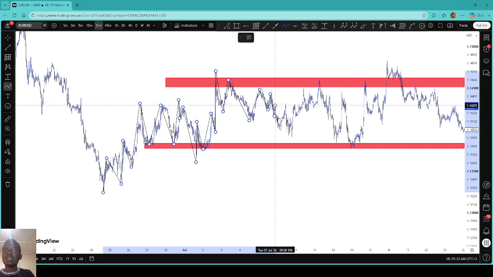You can see the manner in which price is moving.